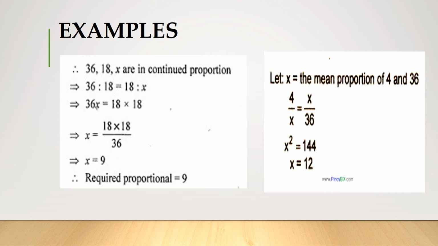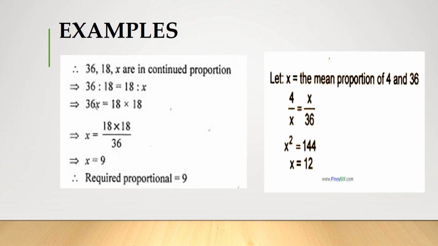So you repeat the second term: 36 is to 18 will be equal to 18 is to x, since the consequent becomes the antecedent of the next ratio.